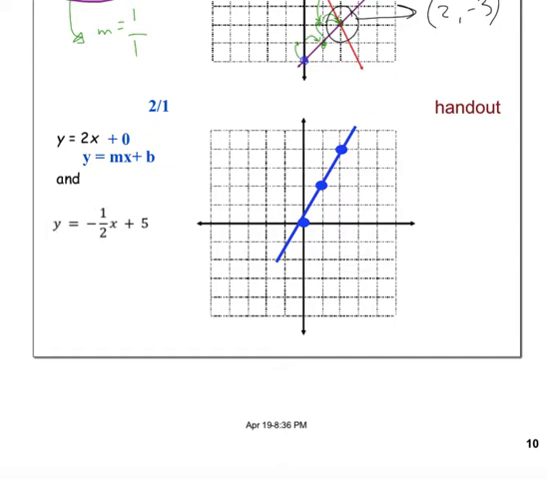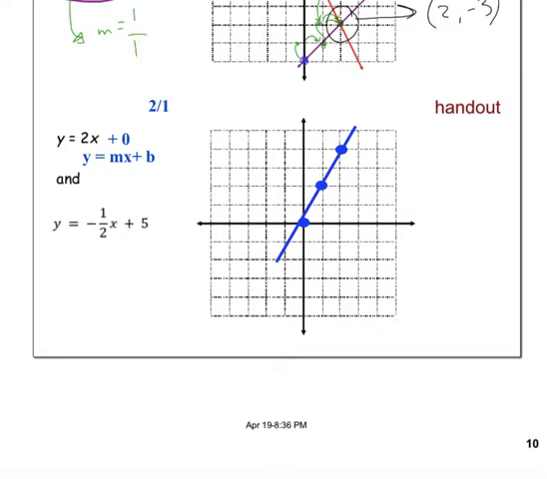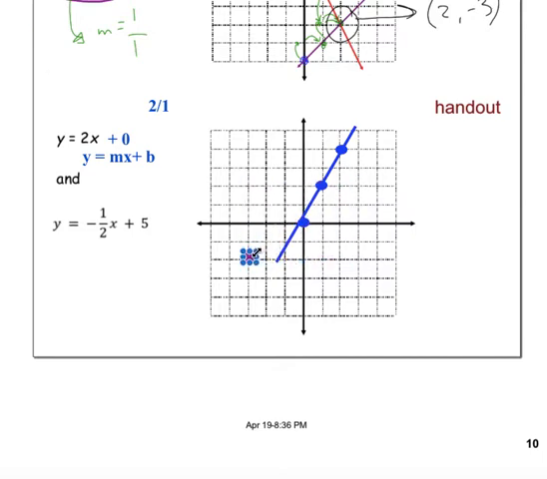Then we're going to do our second one. The first point we're going to put, I'm going to change the color first, is when x is 0, y is positive 5. We plot that point: 1, 2, 3, 4, 5.